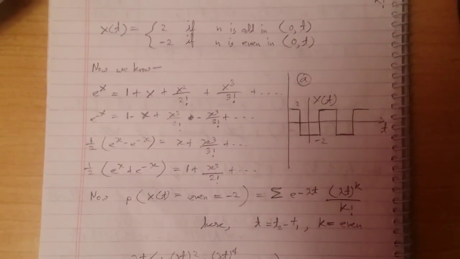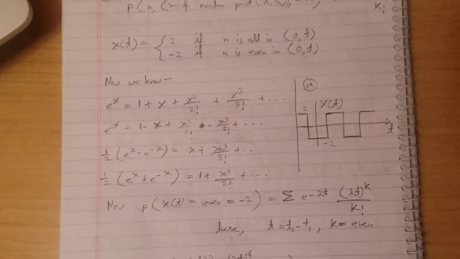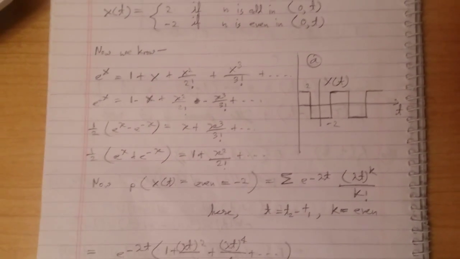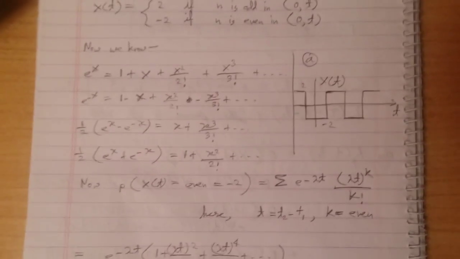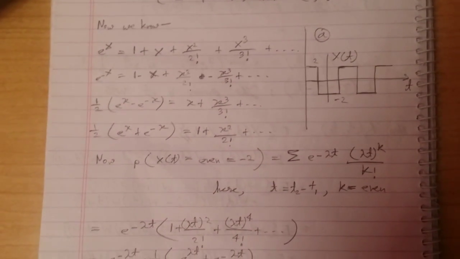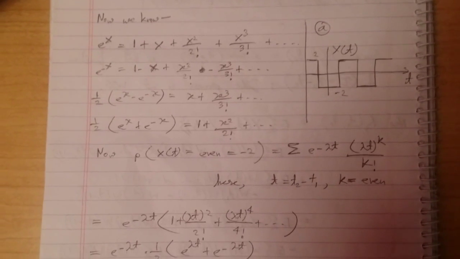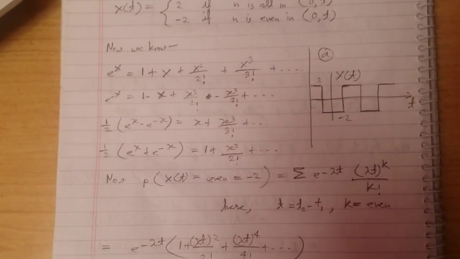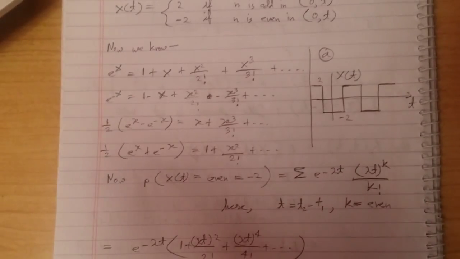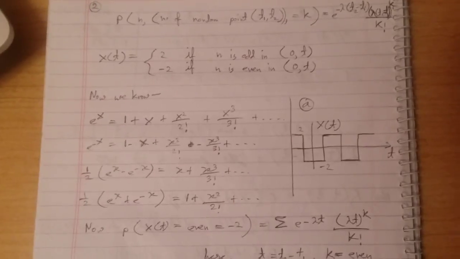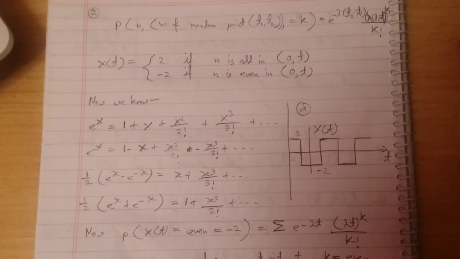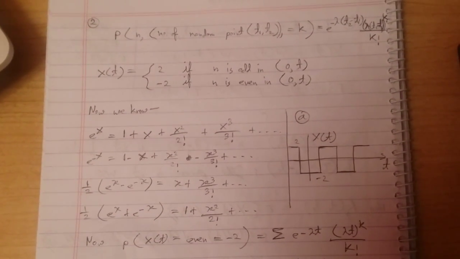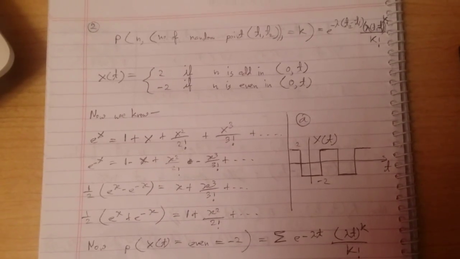Now we use common formulas of e to the power x and e to the power minus x, and we find that half of e to the power x minus e to the power minus x is equal to the odd parts, and half of e to the power x plus e to the power minus x is equal to the even parts, 1 plus x squared by 2 factorial plus x to the power 4 by 4 factorial, etc. Since arrival 0 means x of 0 would be even, x of 0 would be minus 2.